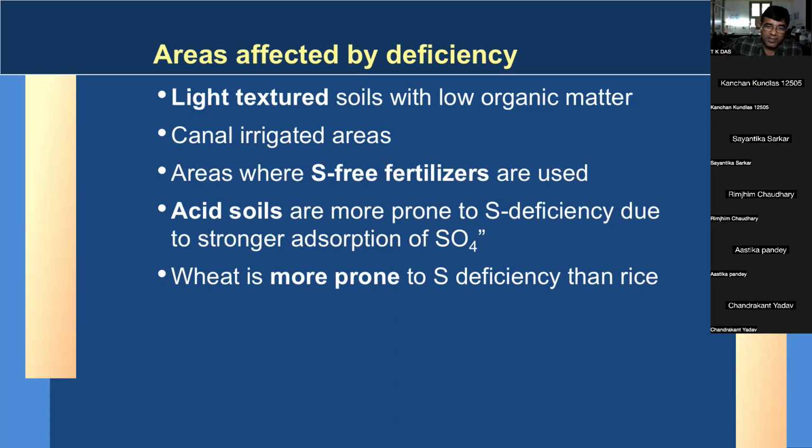So if we take those things into account, then there may be some physiological variations in wheat and rice plants. That is why one is sensitive, the other is somewhat tolerant. So really we need to see this point in detail. It is the first time somebody has asked me this question, so I will surely try to find the right answer.